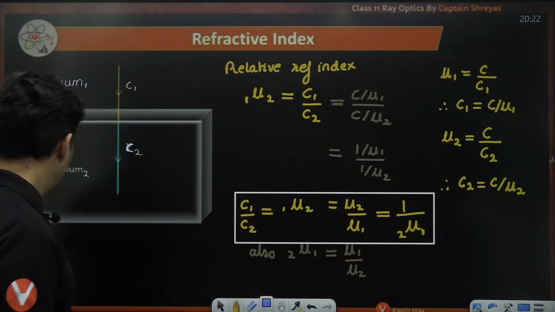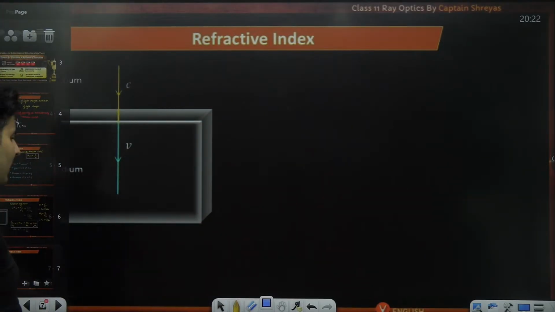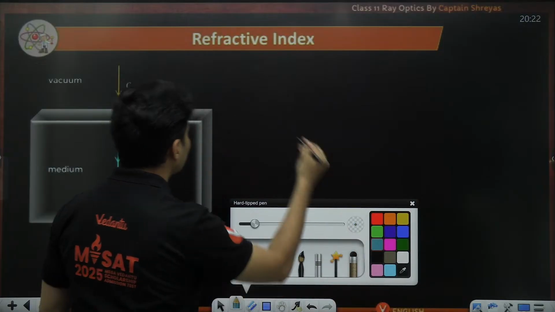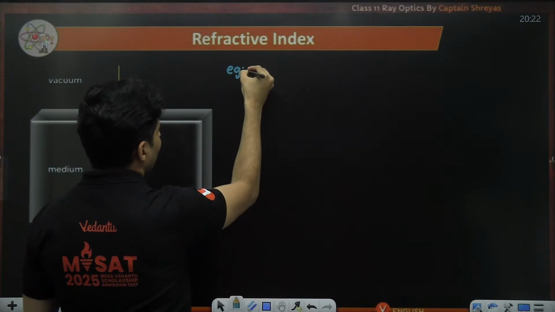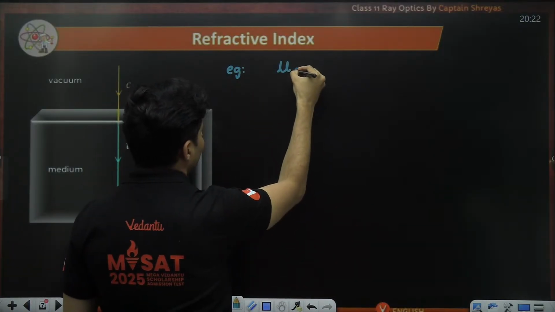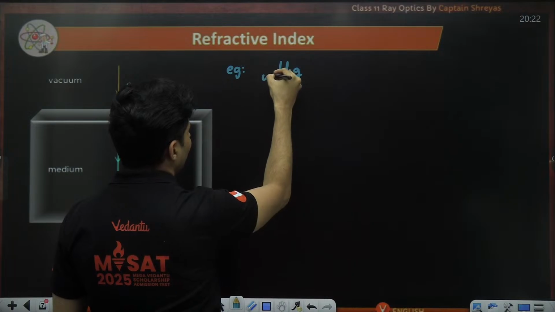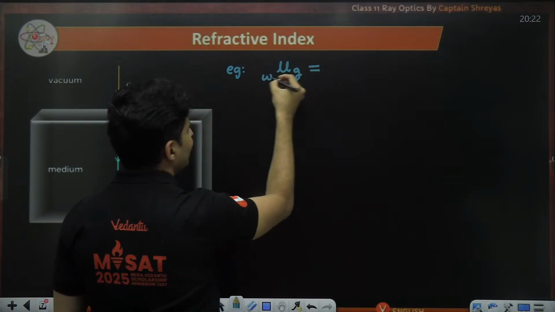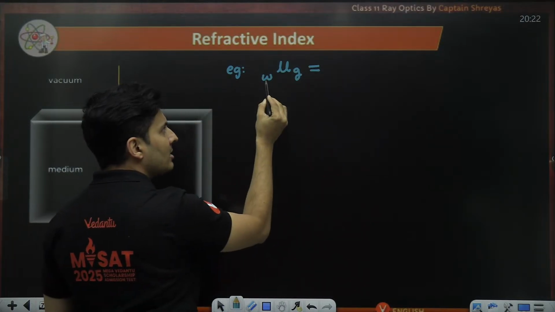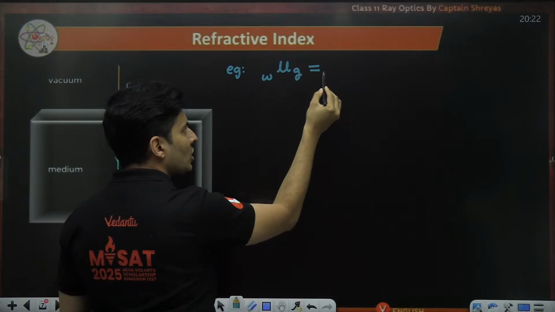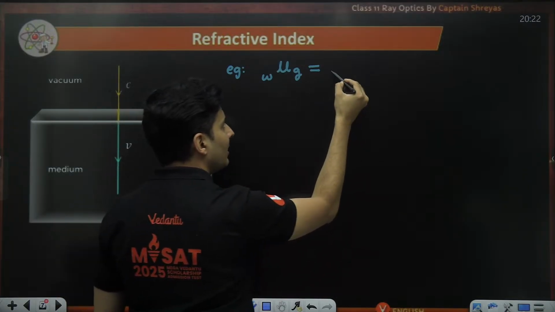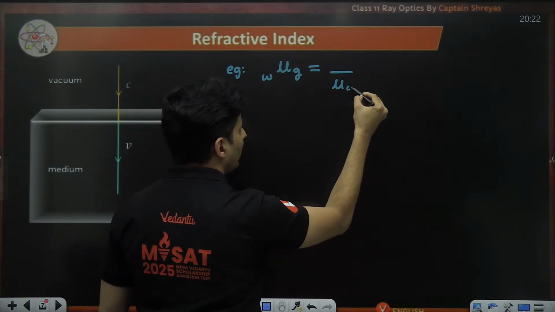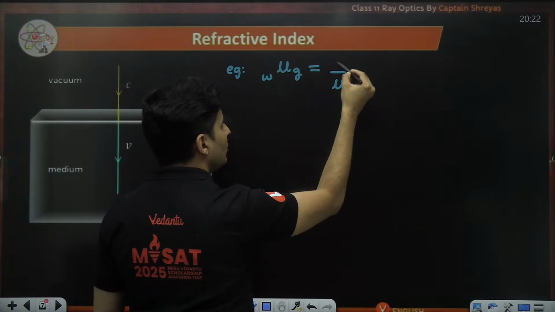Can we find some of the common relative refractive indices with some examples? Maybe yes. Say for example, I want to find the refractive index of glass with respect to water. So see guys, whenever such a thing comes, light is going from water to glass. Whatever comes first will go in the denominator and whatever comes later goes in the numerator.